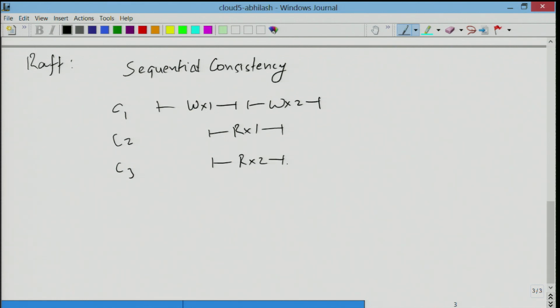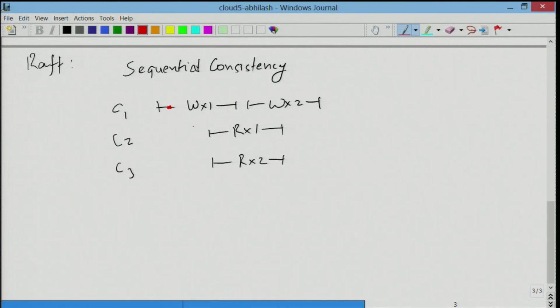So any given history seen by clients is linearizable if we can identify some points at which the execution actually happened, right? So we can identify certain points where the request actually got committed. So this is the point where the system actually wrote x equals 1.